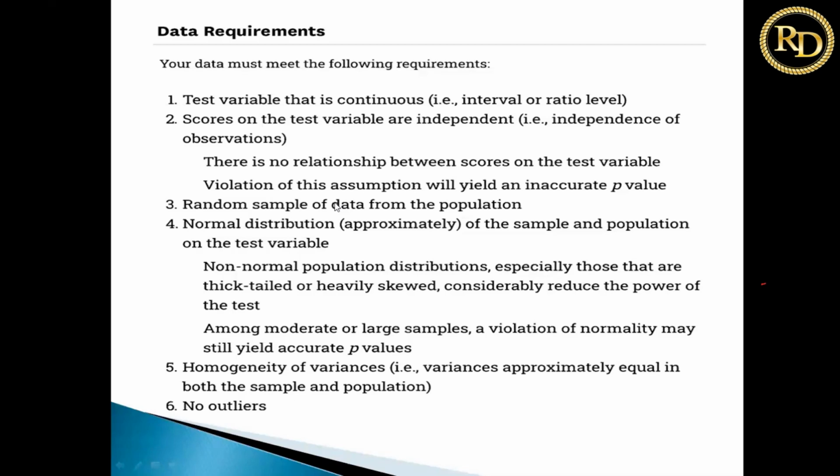These are the common assumptions for all the sampling distributions, and we will be studying more specific assumptions for each specific sampling distribution. So here, what are the data requirements to apply the one sample t-test? The test variable is continuous. That is, it must be measured on either an interval scale or a ratio scale. These are the two scales to measure the data in terms of quantity.